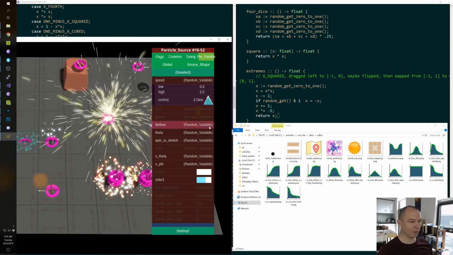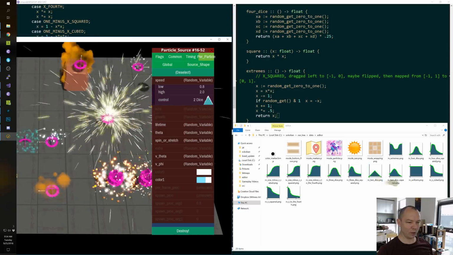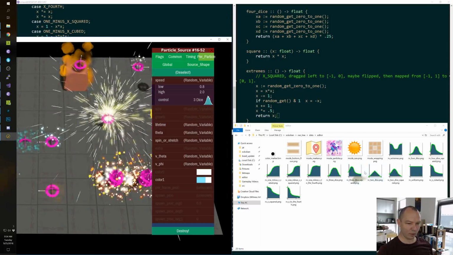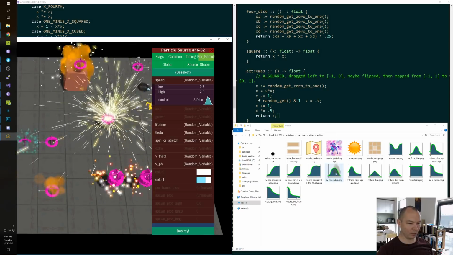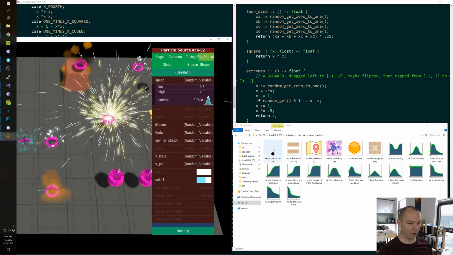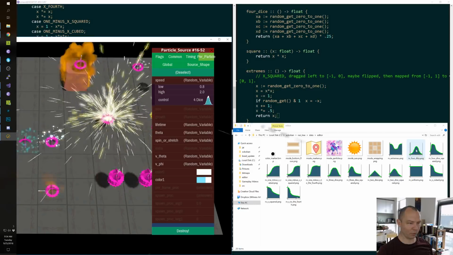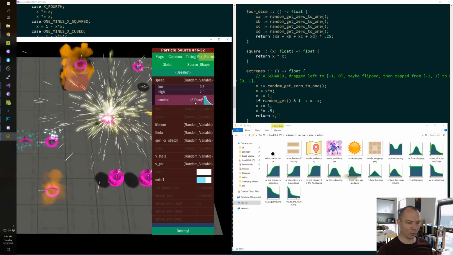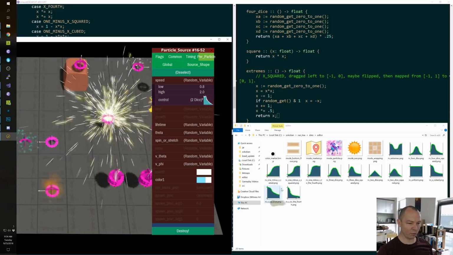2 dice I knew analytically. 3 dice, I probably made a little bit fatter than it is. And 4 dice, 2 dice squared, I probably didn't square it hard enough.